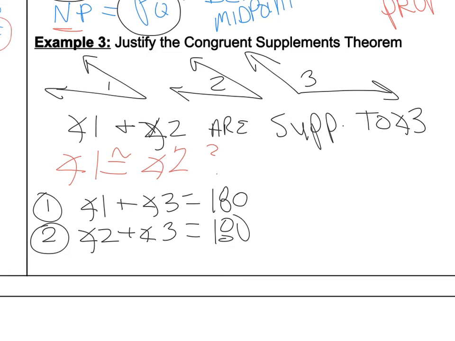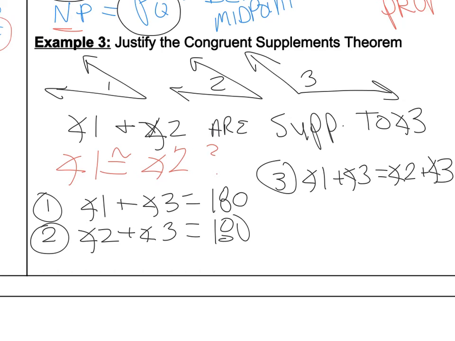So we could set up an equation. This would be like step 3, that angle 1 plus angle 3 is going to be equal to angle 2 plus angle 3. All right.